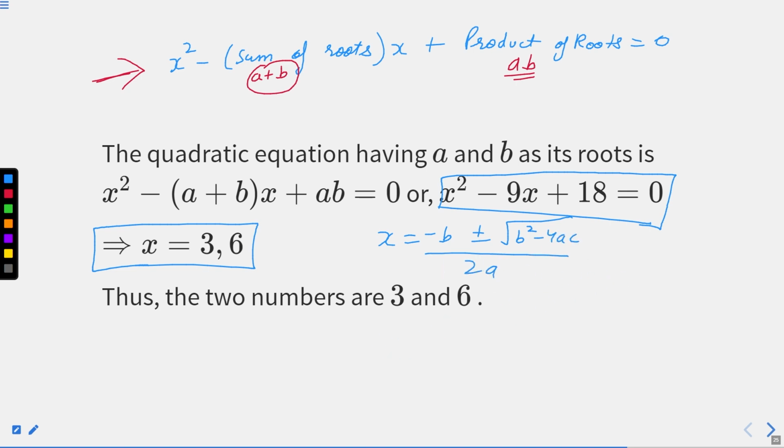Here a is 1 because the coefficient of x square is 1, b is minus 9, and c is 18. Applying the formula, x is 9 plus minus root of 81 minus 4 times 18, all by 2.